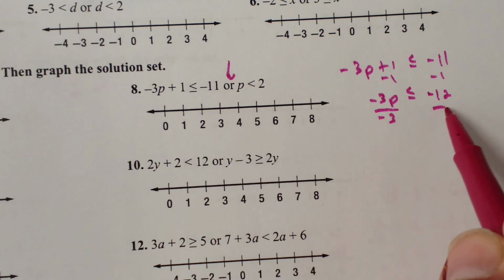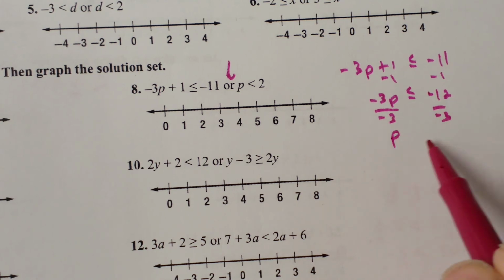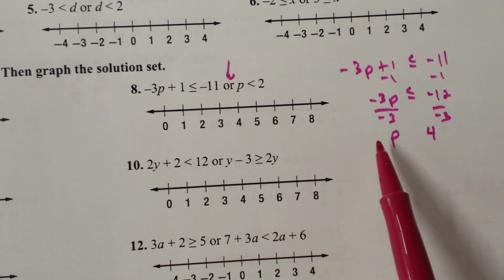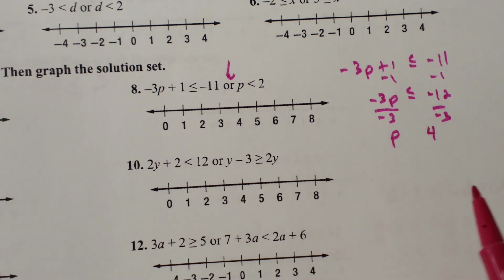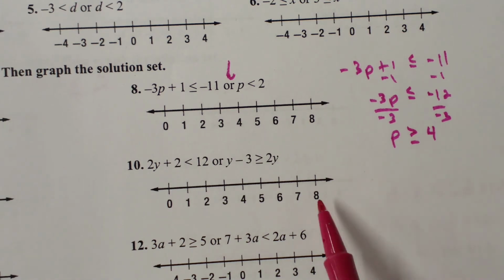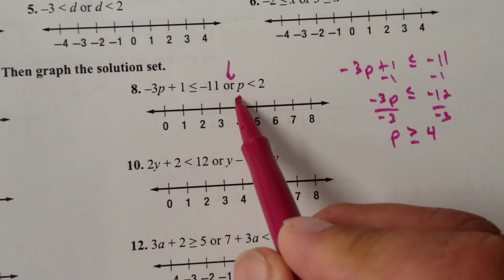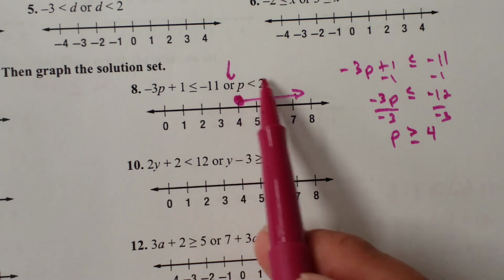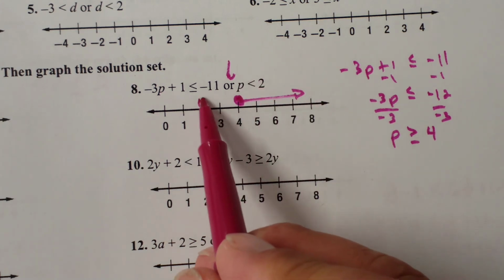If I divide by negative 3, I get p over here, and I have 4 over here. But that rule always applies. I divided both sides by a negative, so I need to flip the sign. And this turns into p is greater than or equal to 4, which means I'm going to be here, greater than or equal to. Now the other part was p is less than 2.